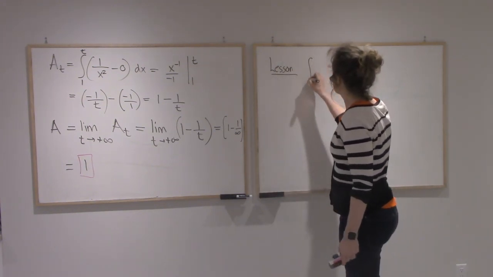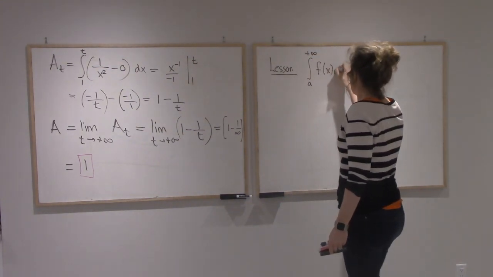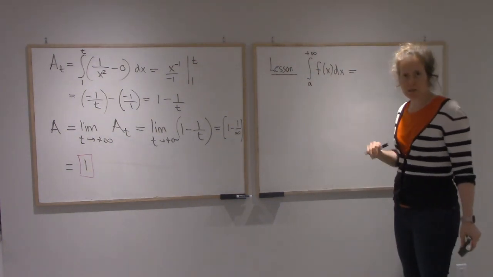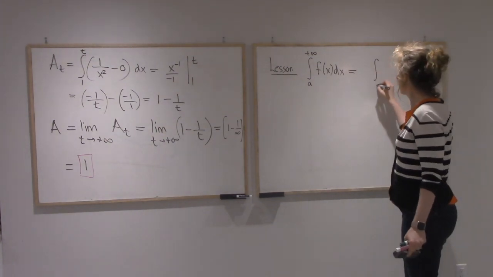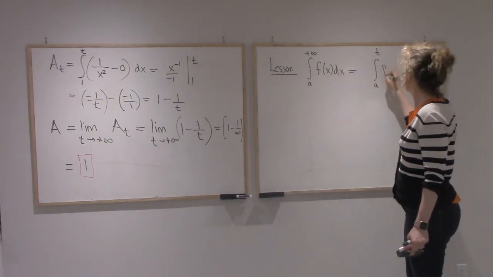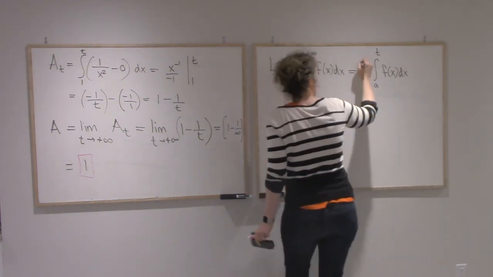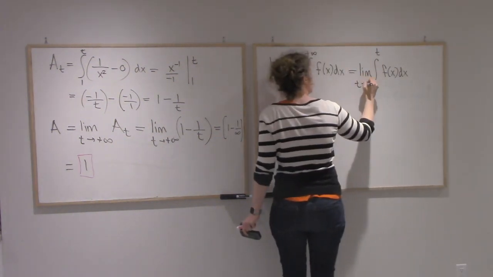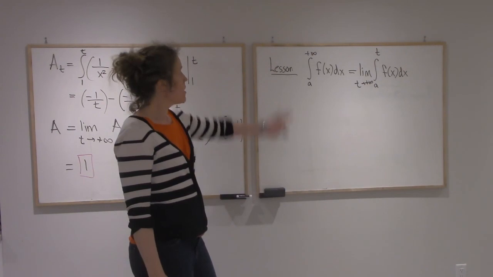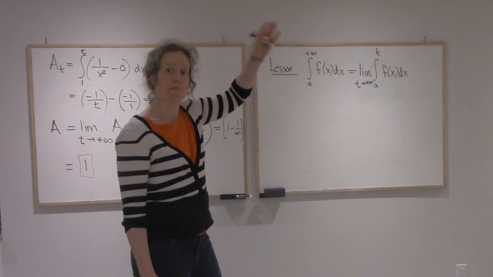If I have the integral from a to positive infinity, this is not a definite integral like the ones we're used to. I'm going to change that top bound, that's infinity, for a finite value, represented by a variable, and then I'm going to use a limit to send that variable to positive infinity. That's what we learned in the last example. That's what we'll use to define improper integrals in general.